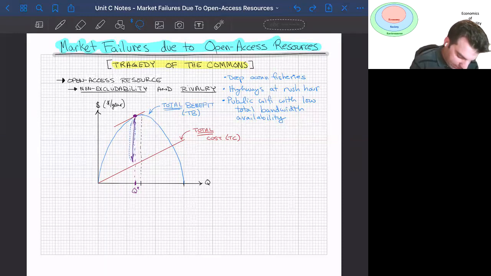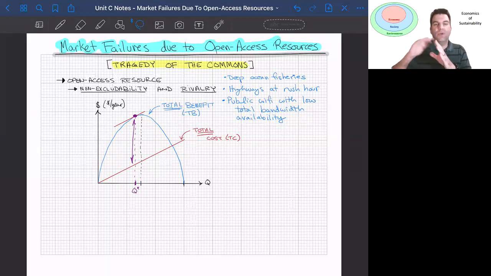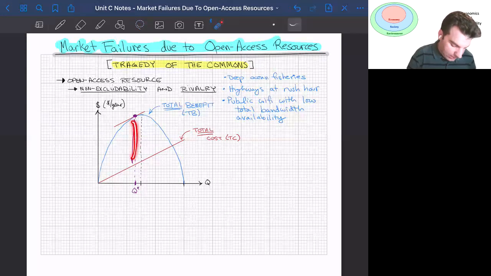So even though the benefit keeps increasing, because the benefit increases at a rate that is shallower than the costs that increase, then the net benefit, which is the difference between these two, ends up getting smaller here. So it gets smaller as I go back this way, and it gets smaller as I go back this way.